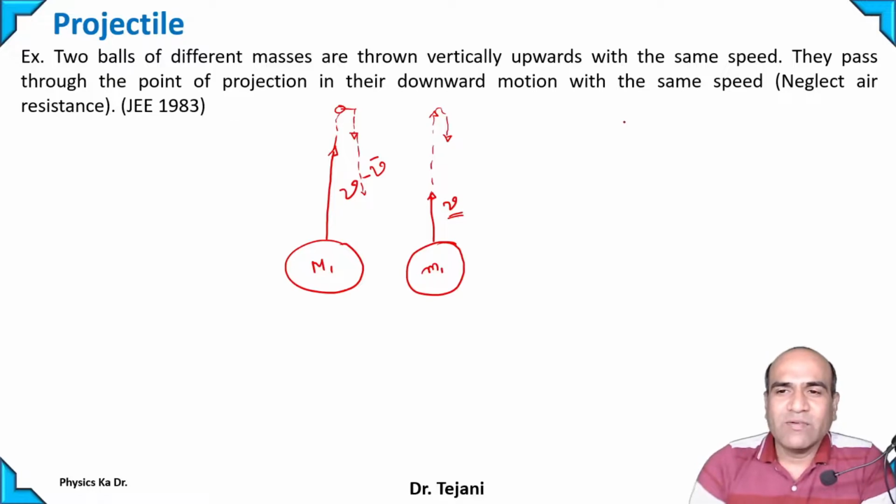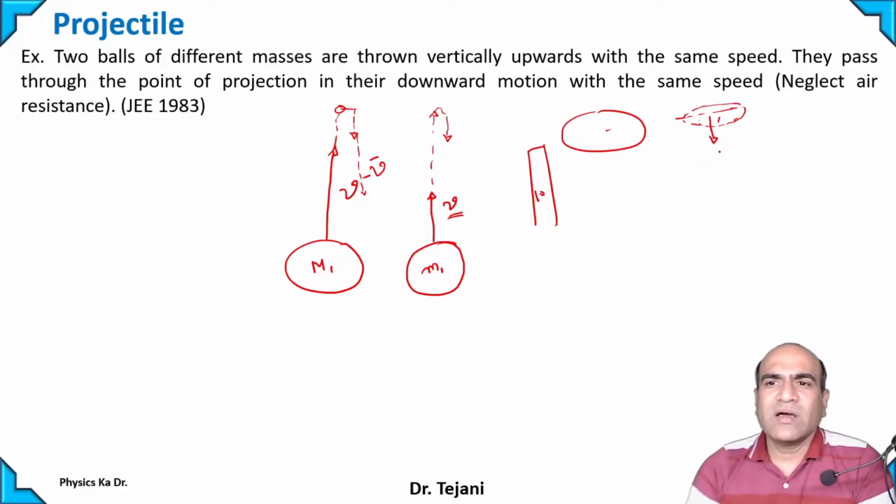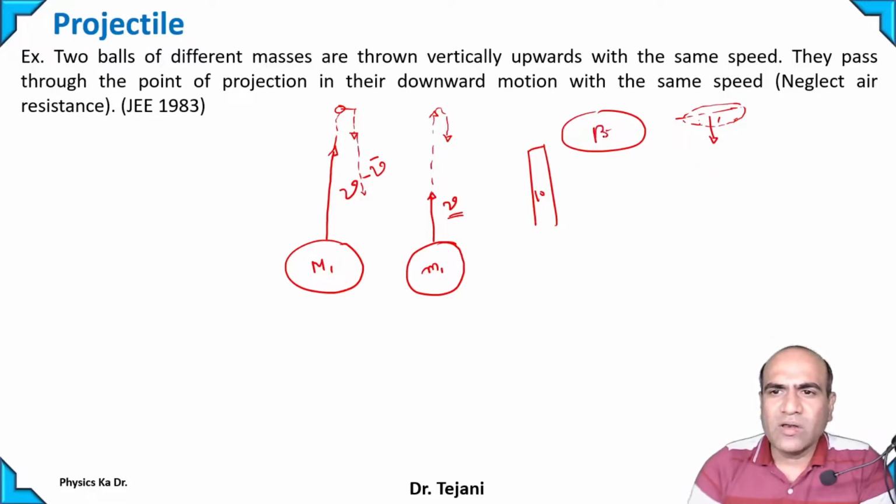You may argue that if I throw a ball from the 10th floor of a building, and if I throw some lightweight thing, maybe a leaf or whatever, the leaf takes much larger time compared to the ball. But that is only because of air resistance, because a leaf is subjected to huge resistance.